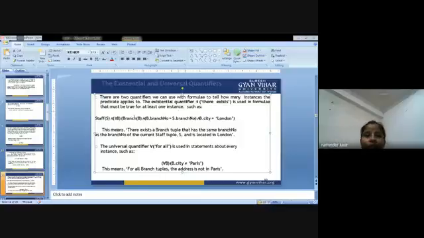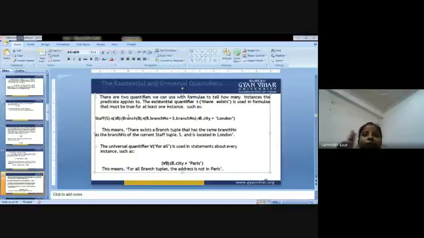For example, staff S and there exists branch B such that branch number is equal to staff dot branch number and branch dot city is equal to London. So what does it mean? It means there exists a branch tuple that has the same branch number as the branch number of the current staff tuple S, and it is located in London city.